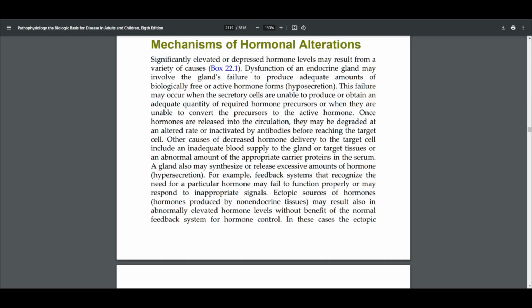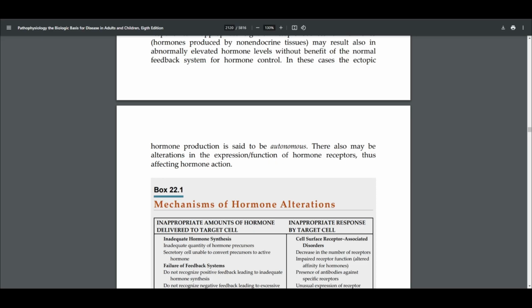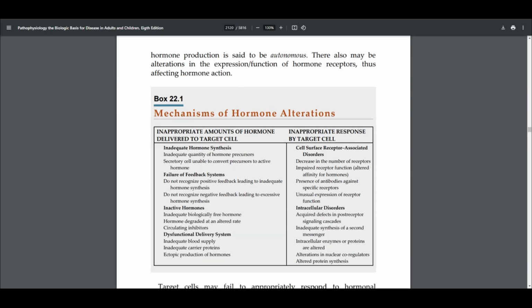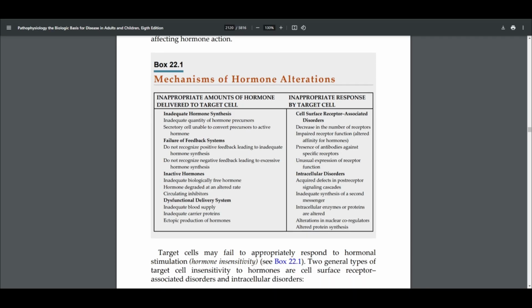In these cases, the ectopic hormone production is said to be autonomous. There also may be alterations in the expression function of hormone receptors, thus affecting hormone action. So box 22.1 here, the mechanisms of hormone alterations. You see inappropriate amounts of hormone delivered to a target cell and the inappropriate response by the target cell. So I'll leave that up as I keep going.